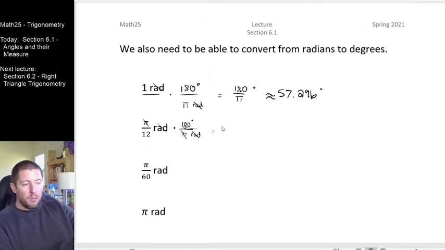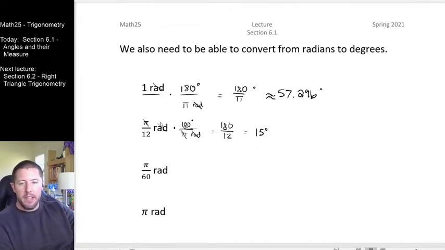And now all I'm left with is 180 over 12, which is going to give me, let's see here, 18 divided by 12 is 1.5, but I have an additional times 10, so that's going to give me 15 degrees.